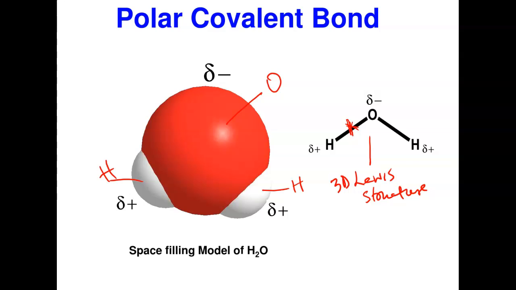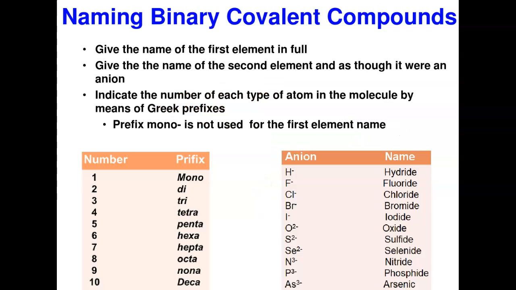In this bond now, oxygen is getting more, this is getting less, and that makes this bond polarized. We're going to talk about this when we begin to relate this to electronegativity. Just know at this point in time that the 2 types of covalent bonds are the non-polar and the polar covalent bond.